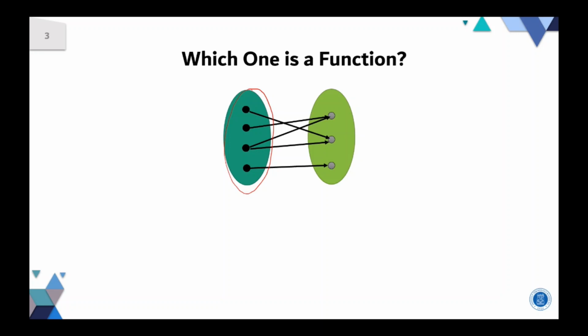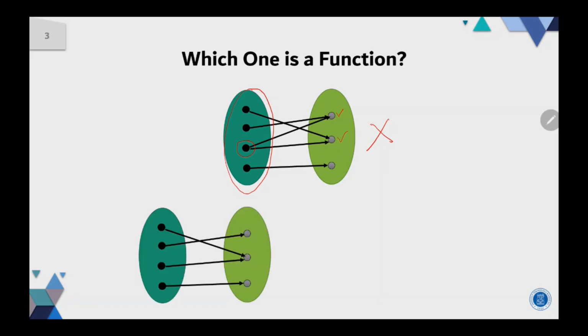What is the second property? Each of the elements in set A should be assigned to exactly one element in the set B. If we see this element here, it is being assigned to two elements in set B, to this one and this one. So this kind of assignment does not fulfill one of the properties in the definition of a function. So this is not a function, right?